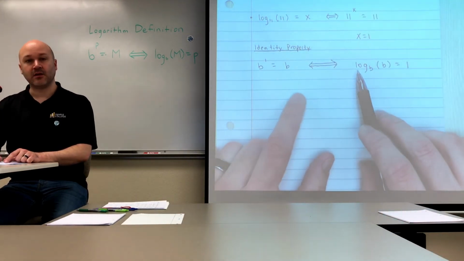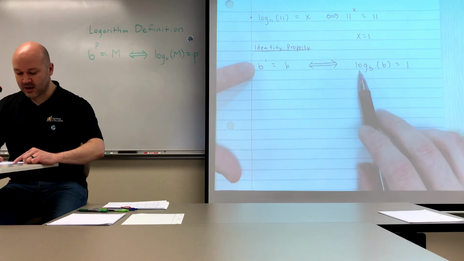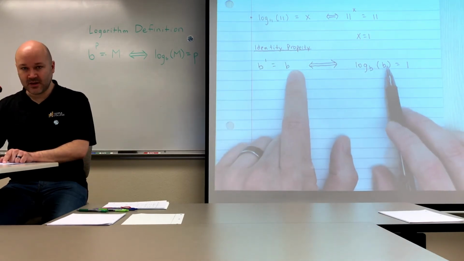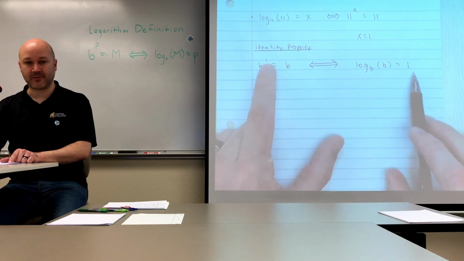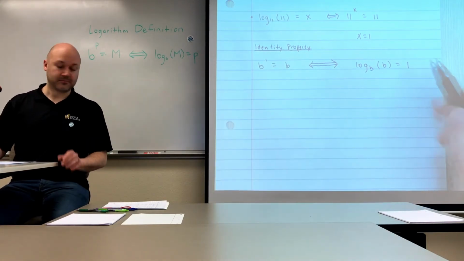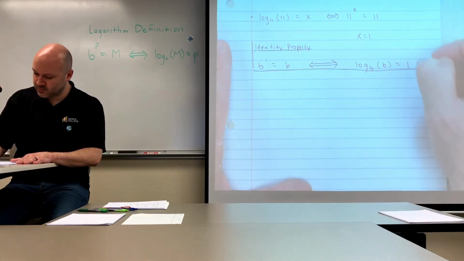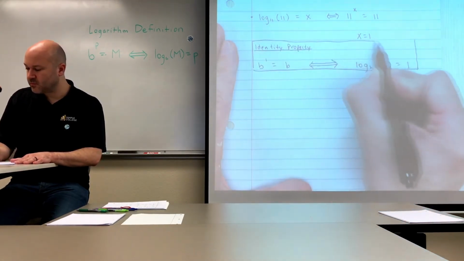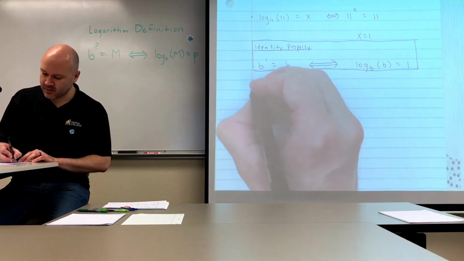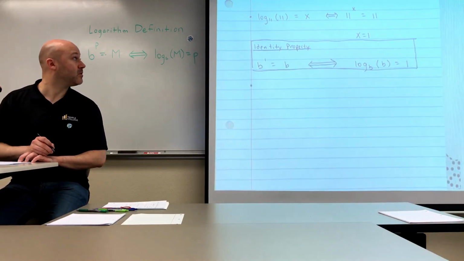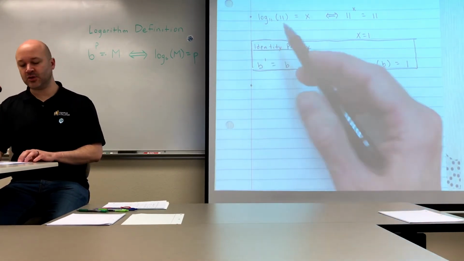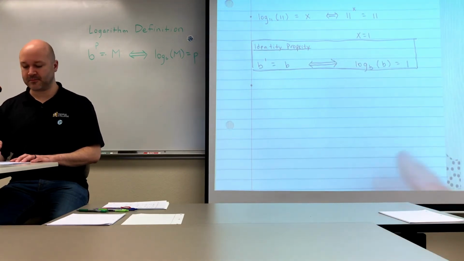So I put it in logarithmic form, right? Log with my base b of the other side of the equation is equal to my power. All right. So when the base matches the argument, it's just going to simplify down to 1.